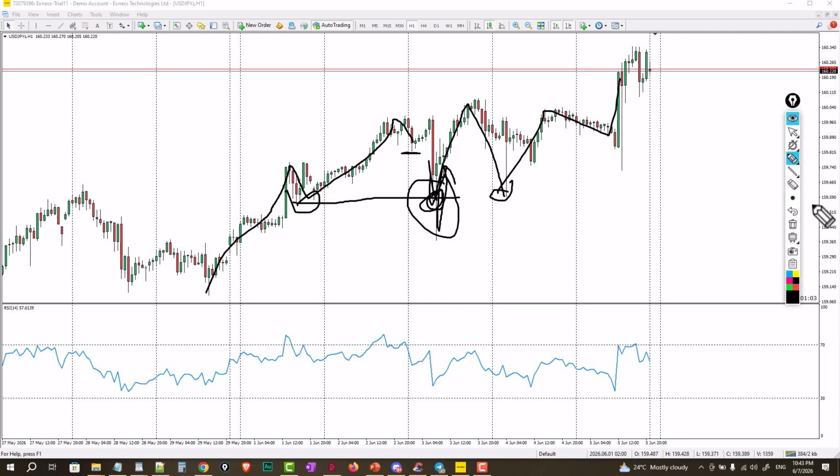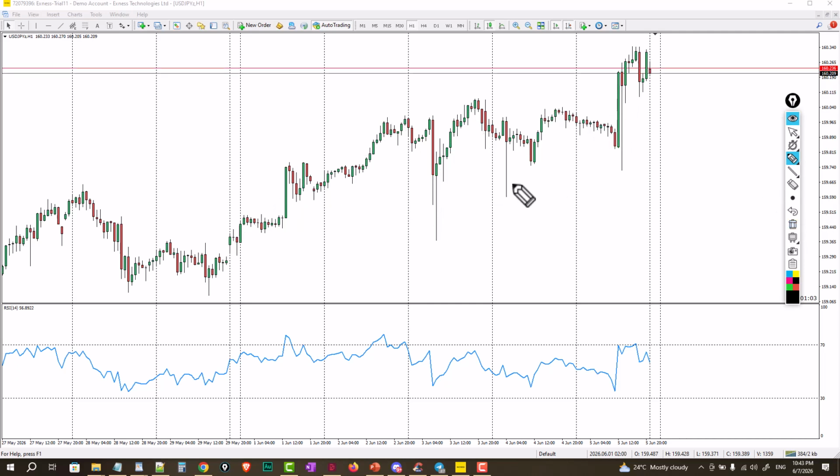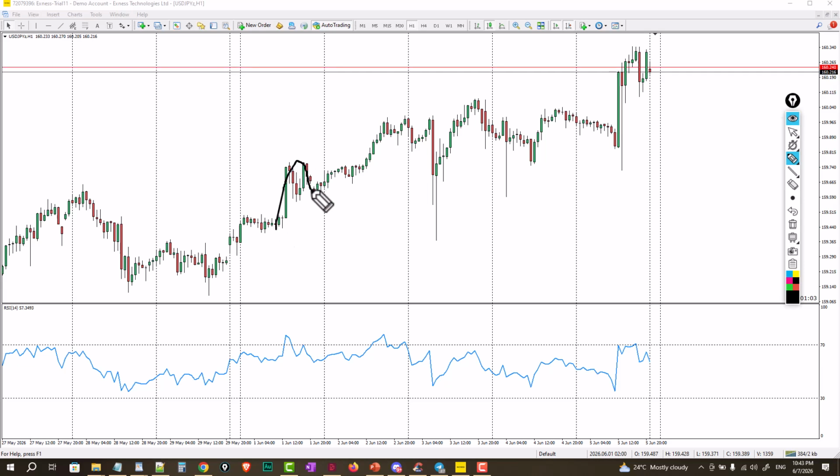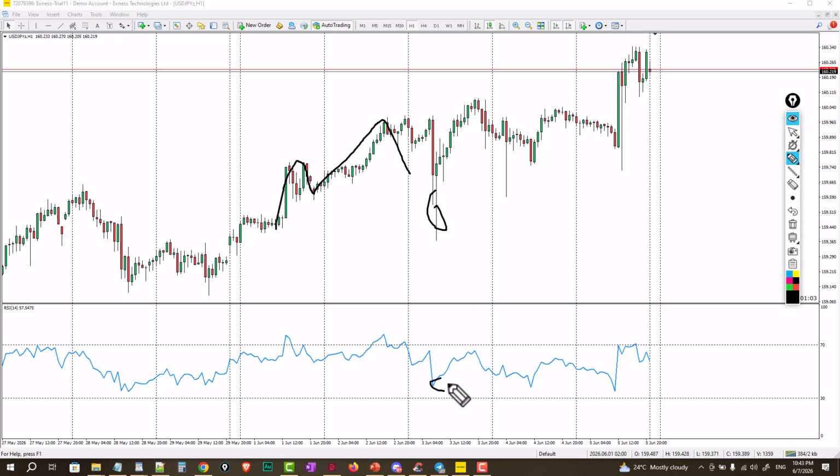Okay, now when you look at the oscillator, in a hidden divergence scenario, what you want to see is if price forms a higher high and a higher low and a higher high, you also want to see the same thing on the oscillator. Okay, but then what you have here is this low is low, okay, and on the oscillator you can see it's very low also.